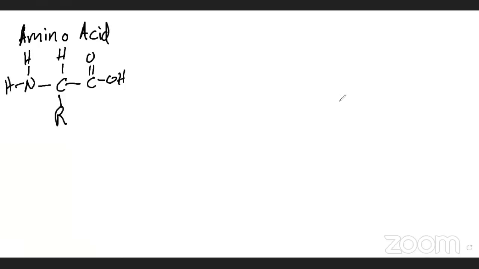So basically, the amino acid has an acidic group, and it has a basic group on it. I'm going to show you how it looks in water, acid, and base.